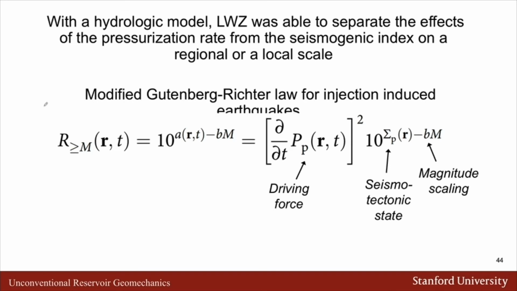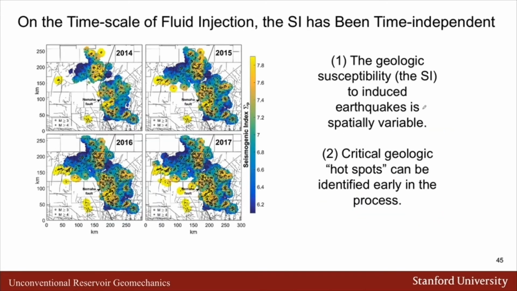And so basically, what we've done then is separated out very nicely the driving force, the pressure change as a function of space and time. We determine the seismogenic index on a local scale, and we determine the appropriate B value on a local scale, and then we're able then to calculate the potential for seismicity.